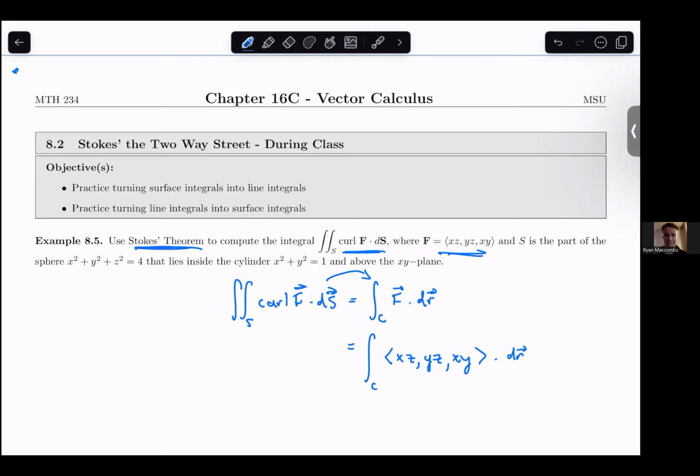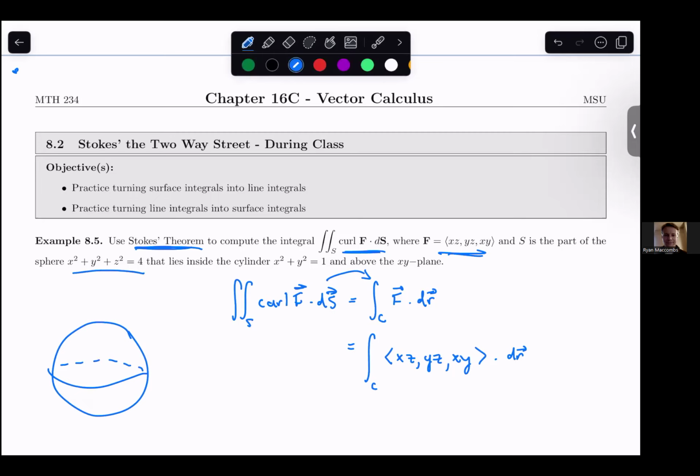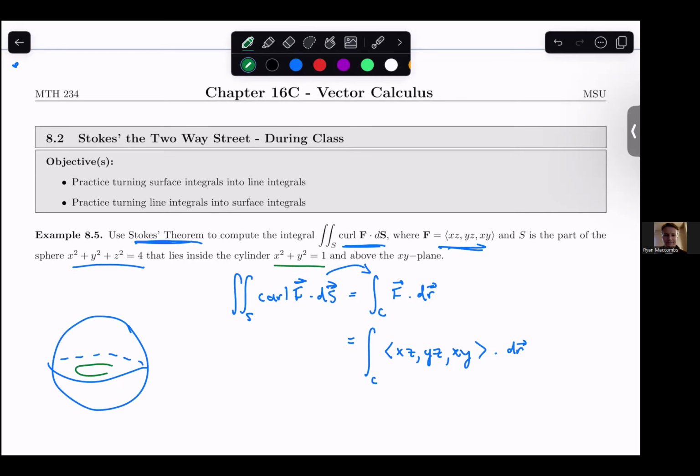We say that S is the part of the sphere that lies inside of the cylinder above the XY plane. So we have a sphere of radius 2. That's this bit. We want only the piece that lies inside of the cylinder. And this cylinder has a radius of 1. It's missing its z component here. So let's draw something like this.